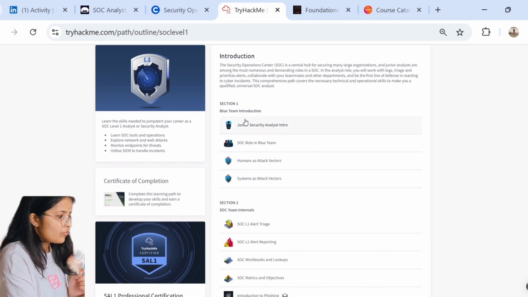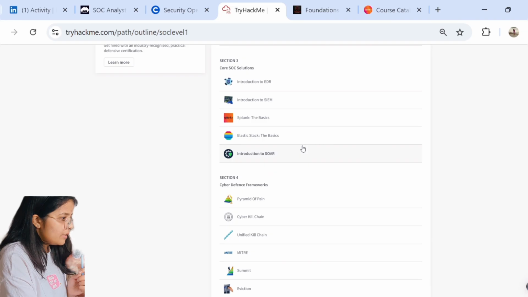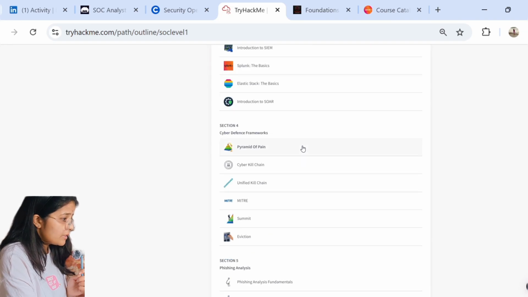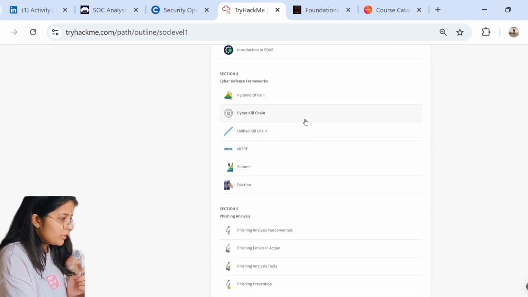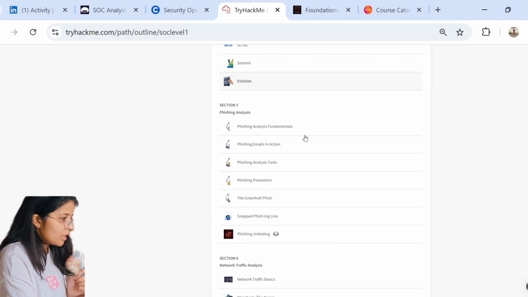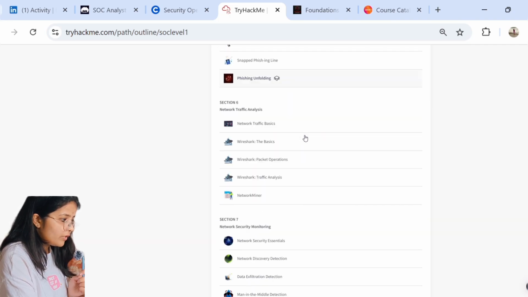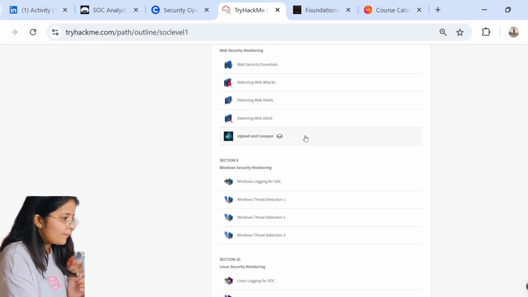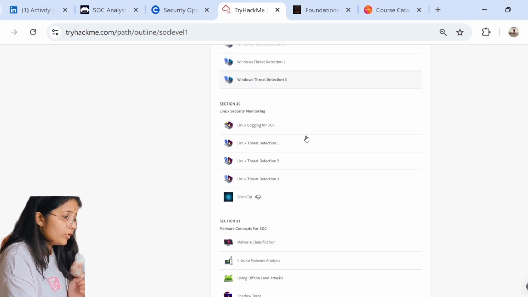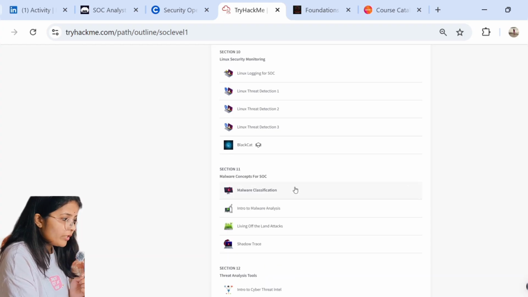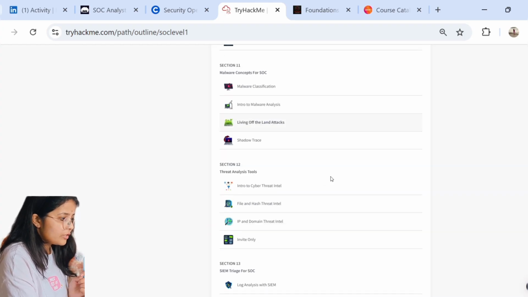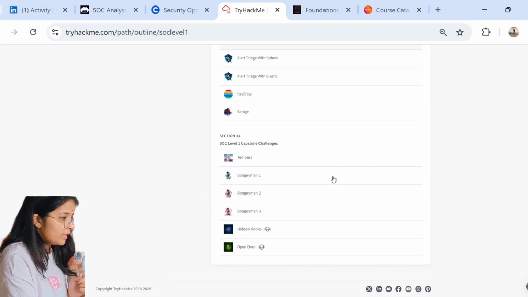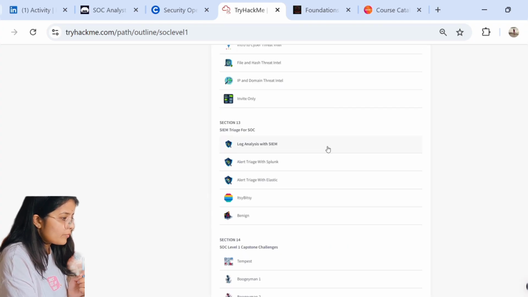It takes you from junior security analyst introduction to EDR, SIEM, Splunk basics, pyramid of pain, cyber kill chain, unified kill chain, phishing analysis, network traffic analysis, network security monitoring, web security monitoring, Windows security monitoring, Linux security monitoring, which also includes threat detection, malware concepts for SOC, threat analysis tools, SIEM triage for SOC, SOC Level 1 capstone challenges.